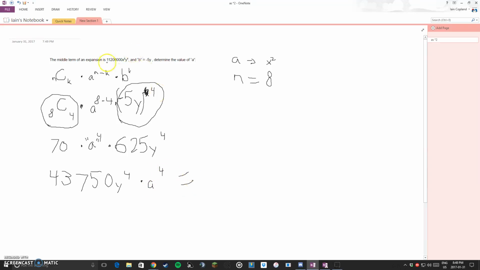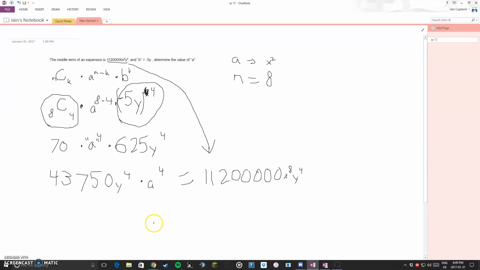At this point, we can substitute in our actual complete value down here, since that's what this equation essentially solves for. So this is equal to 11,200,000 x to the 8, y to the 4.